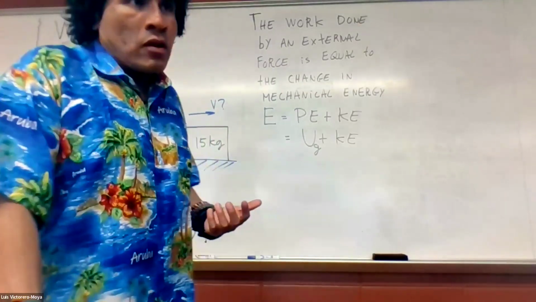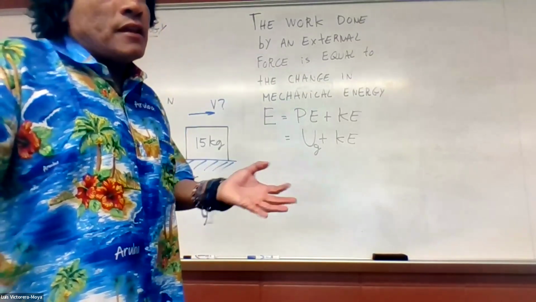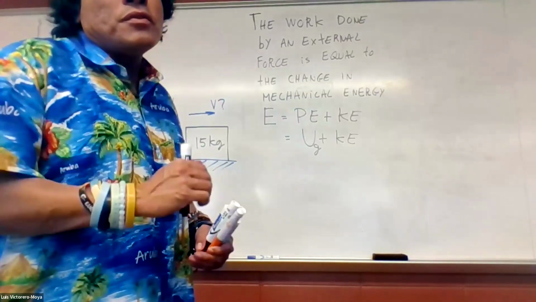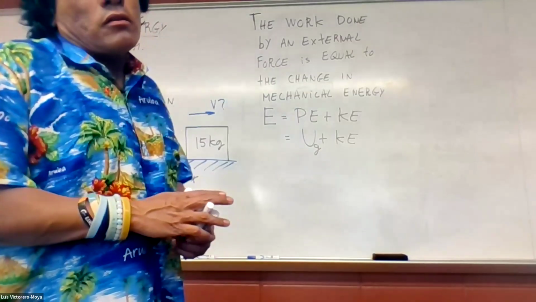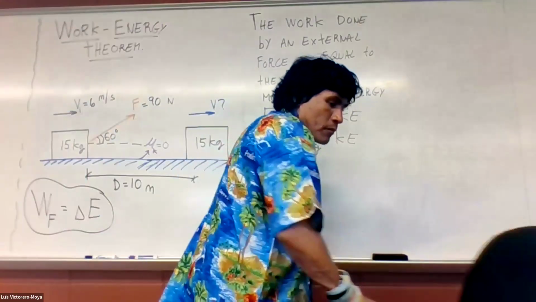Now, that makes sense because every form of energy, kinetic, potential, and elastic, we can prove those equations that we use with the equation of work. So yeah, work is basically change of energy. All right.